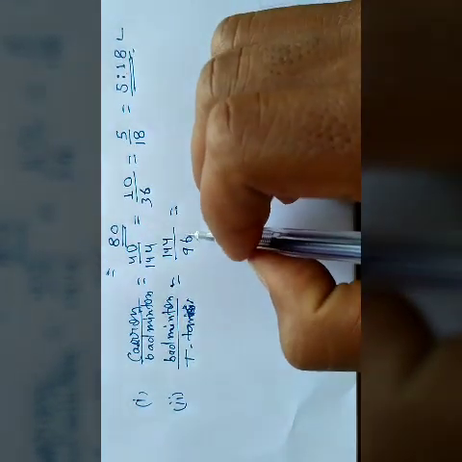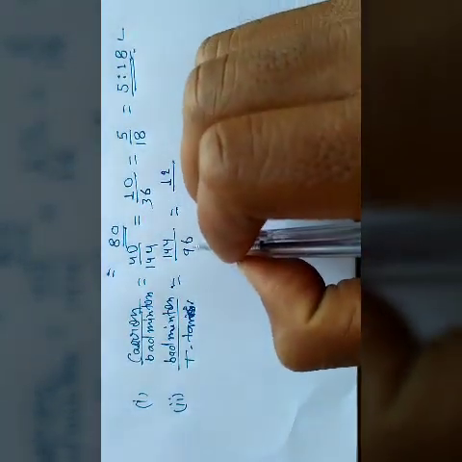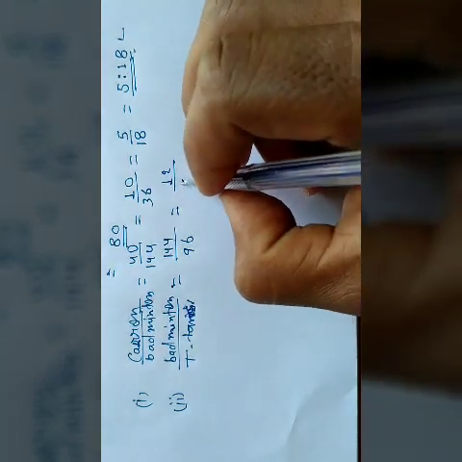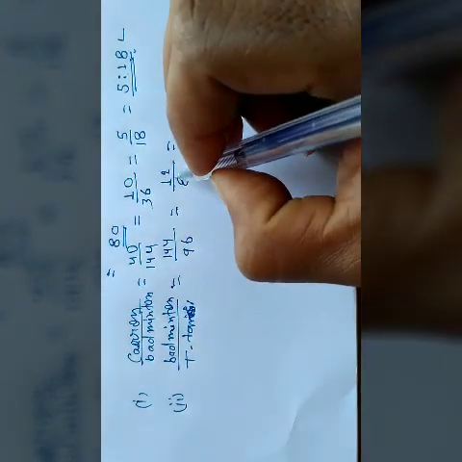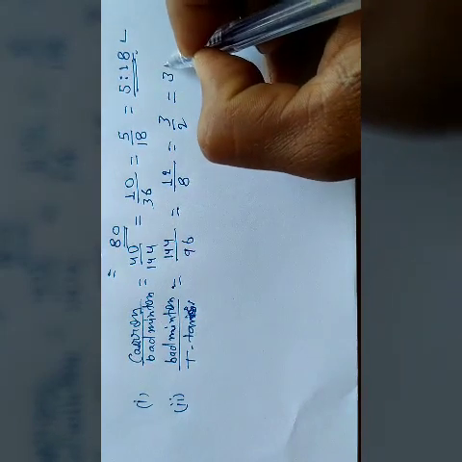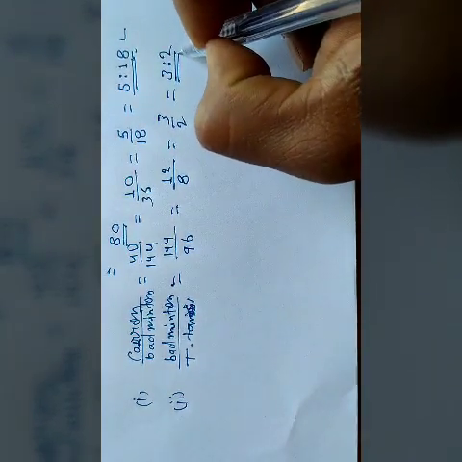Both the numbers can be cancelled by 12. 12 twelves are 144, and 12 eights are 96, both can be cancelled by 4. 4 threes are 12, 4 twos are 8. It means the ratio between these members is 3:2. This is the second point.